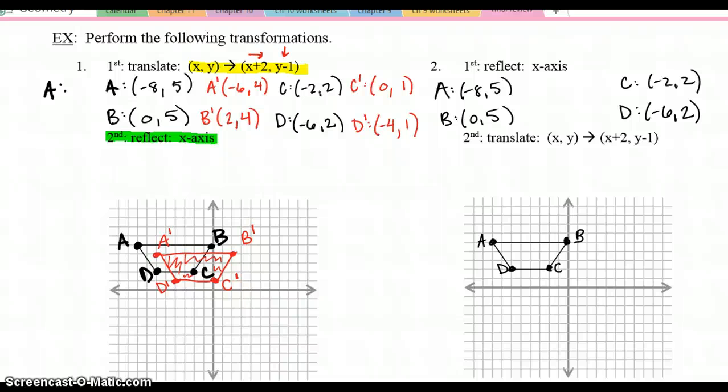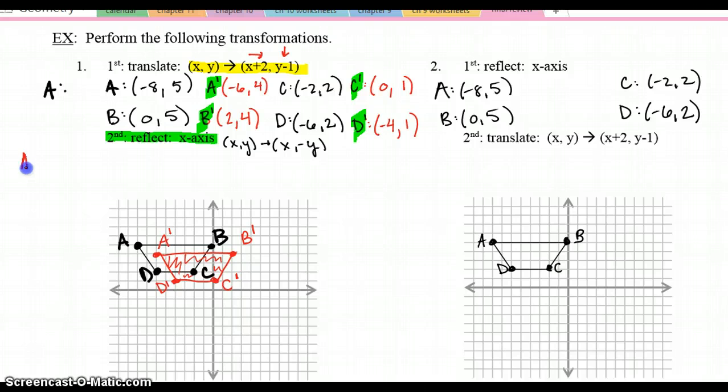Now, whenever we reflect something over the x-axis, we change our coordinate from x comma y to x comma negative y, meaning all we're going to do is switch the sign of our y from positive to negative or negative to positive. And when I do this, I am looking at my prime coordinates, A prime, B prime, C prime, and D prime. That is what I am changing. That's what I am reflecting.